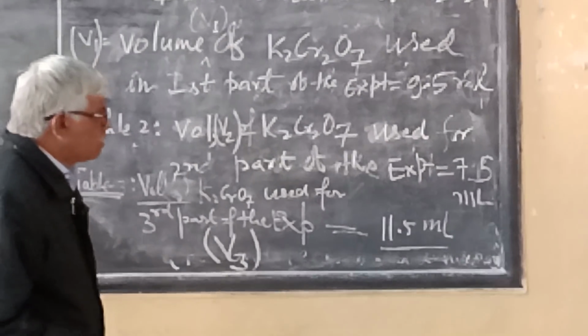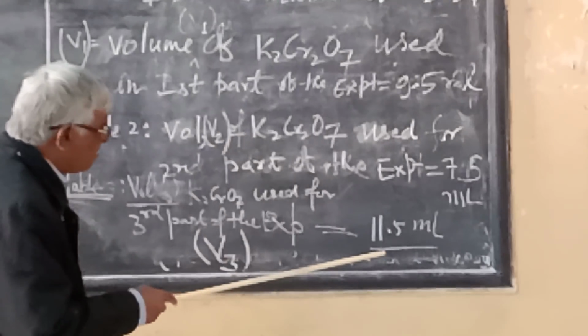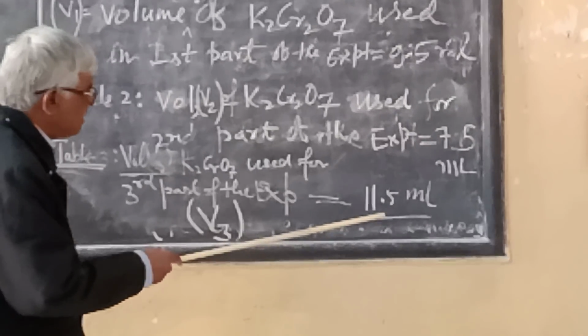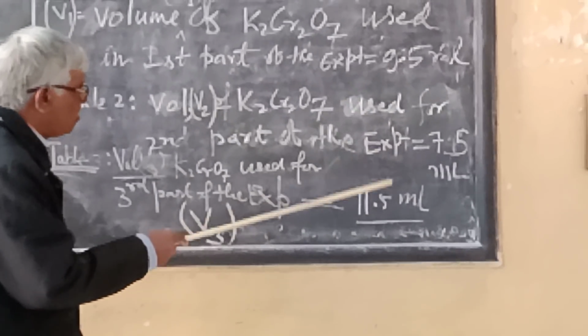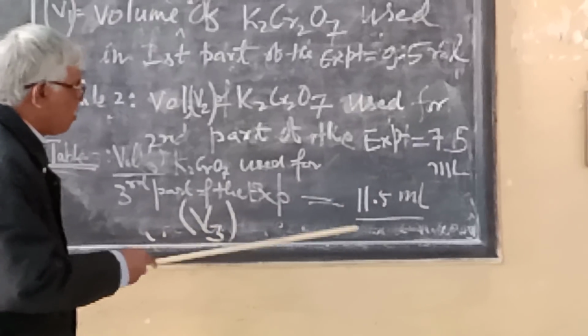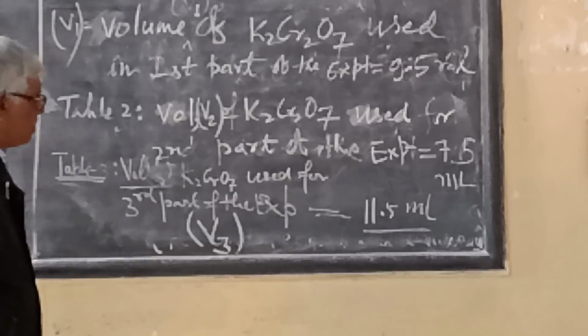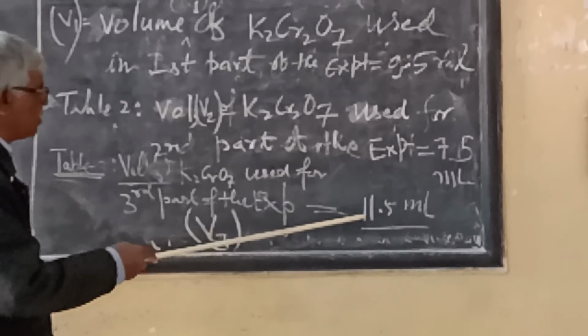That's why in the third part of the experiment the volume of K2Cr2O7 used is higher than this value. This volume is for total iron, the total iron concentration in the mixture.